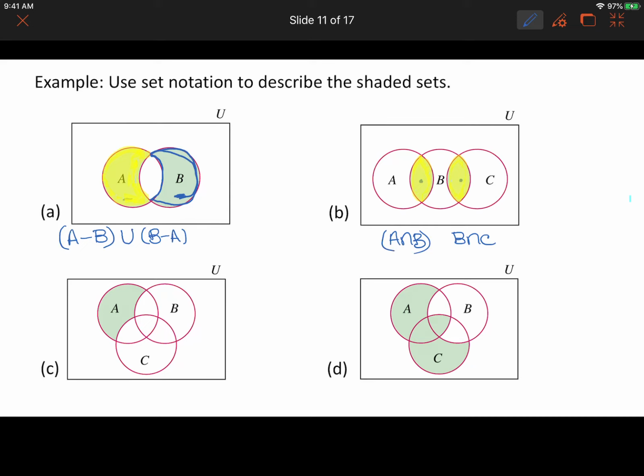So I'm going to take each of those sets and union them together. So this is the set A intersect B unioned with the set B intersect C.